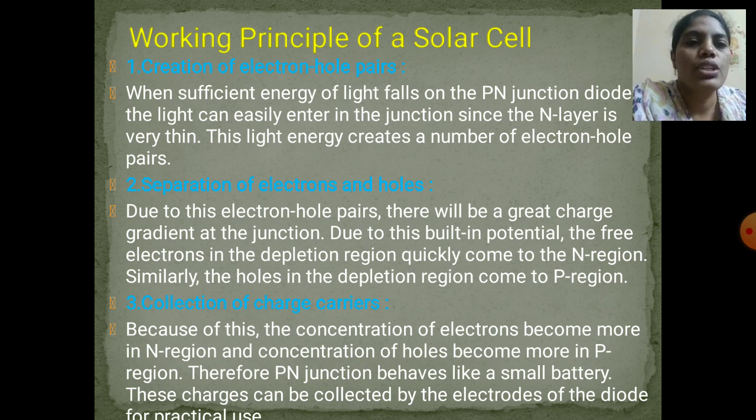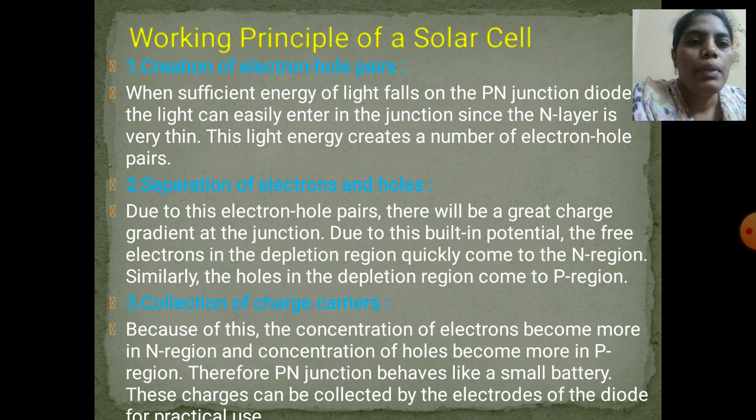Collection of charge carriers is the third step involved in the working of a solar cell. Because of this, the concentration of electrons becomes more in the n region, and the concentration of holes becomes more in the p region.